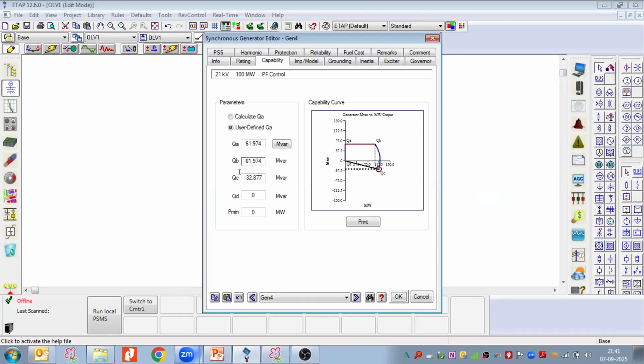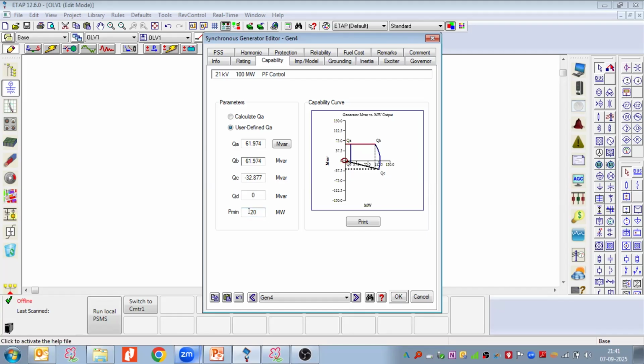And then QD, generally we take nearly 2 times the QC. So QD we can take like here, and then for P minimum output power we have to define some value.